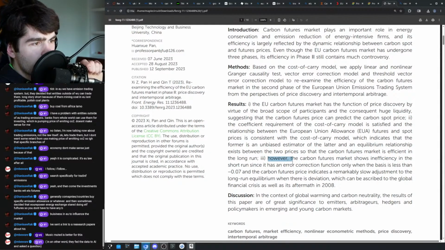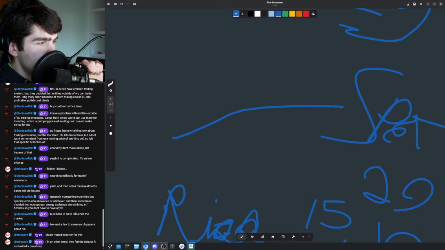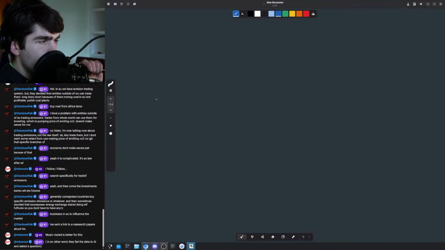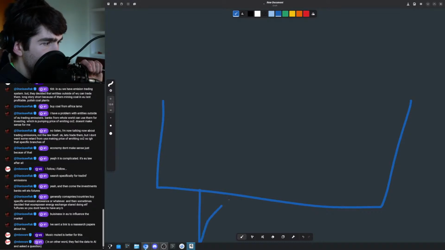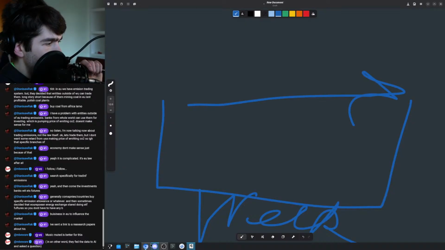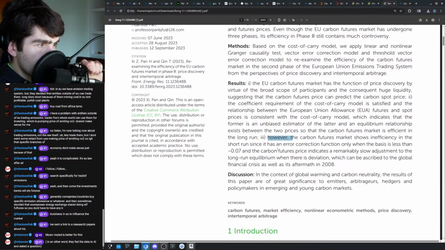Okay. However, the carbon future market shows inefficiencies in the short run. So, short run, I don't know what they mean by short run, but we're probably talking about like a week's time. So, if we're talking about a short term, one week, trying to guess the price of a thing, it says that it's inefficient, since it has an error correction function only when the basis is less than minus 0.07.